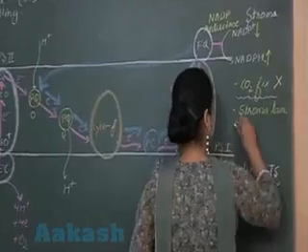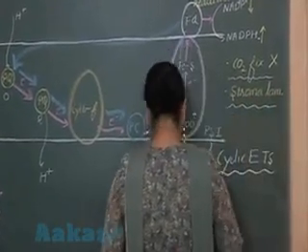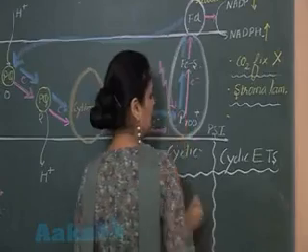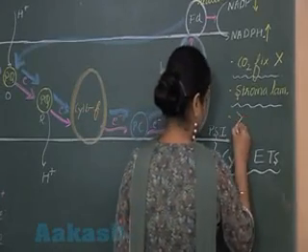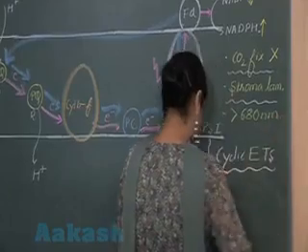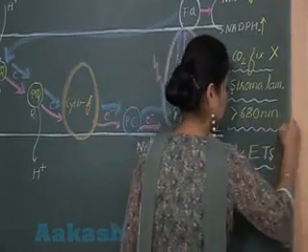And the third situation where the cyclic ETS will occur is when the wavelength of light which is received is more than 680 nanometer.